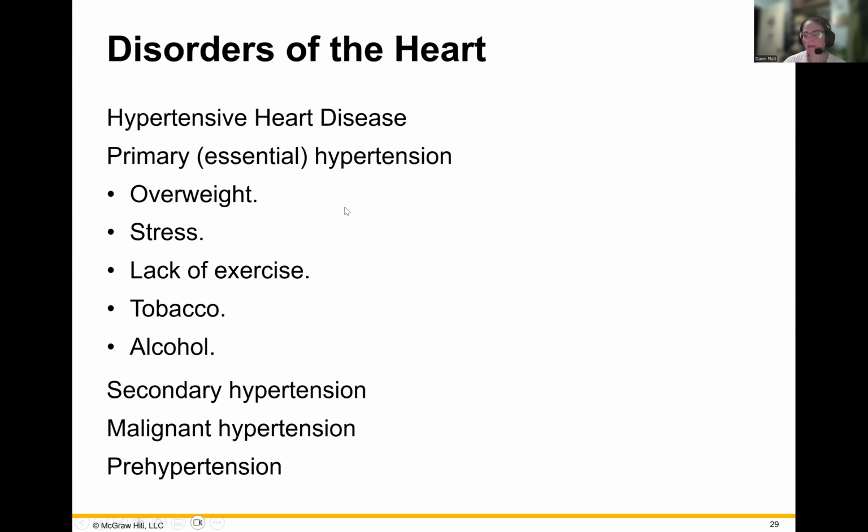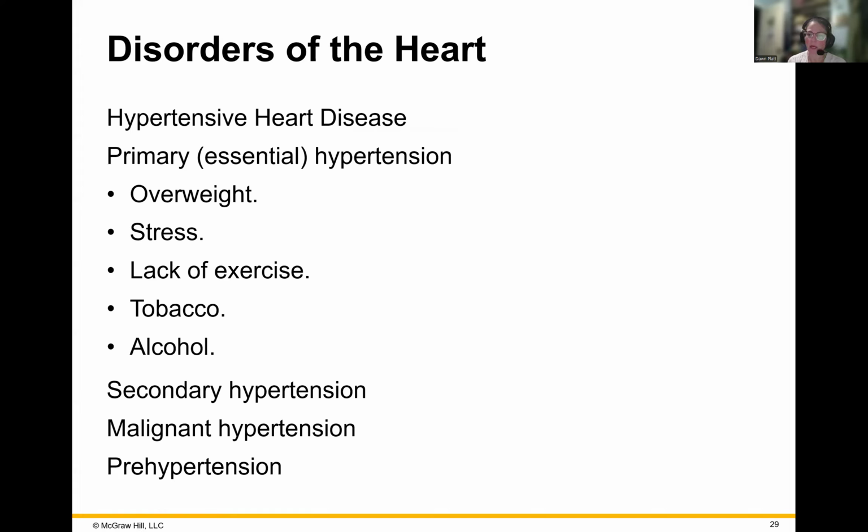So another common disorder of the heart and the circulatory system would be hypertensive heart disease, otherwise referred to as hypertension. These are some of the risk factors for hypertension or the causes of hypertension. And then we have different categories of hypertension.